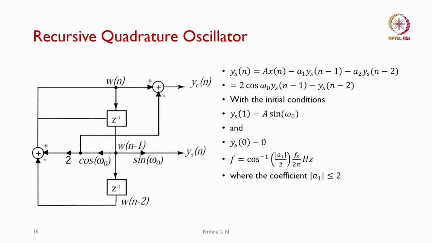So, the next application is in recursive quadrature oscillators. Those who are comfortable with communication know where you need the quadrature oscillator. So, how are we going to generate this?